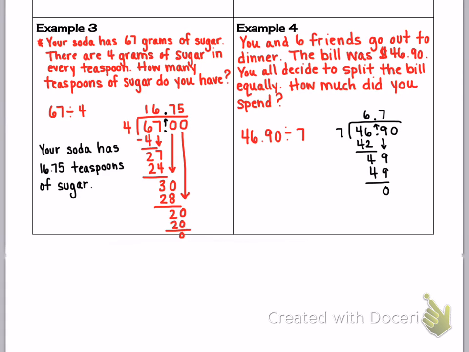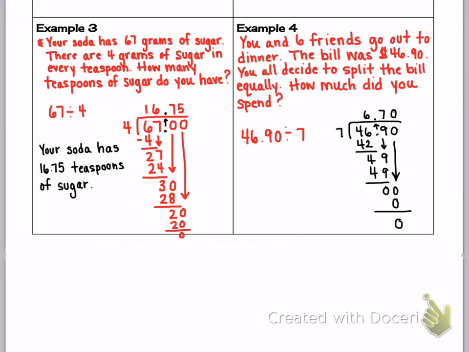So do I have to deal with this last 0? It's a really good question. So you have to realize your answer is money. And because your answer is money, your answer has to go all the way to the hundredths. So I do have to show that 7 goes into 0 0 times, because now I actually have dollars and cents in my answer.